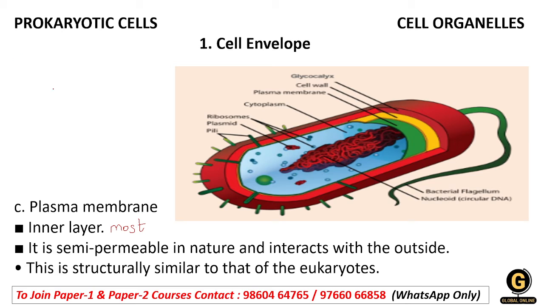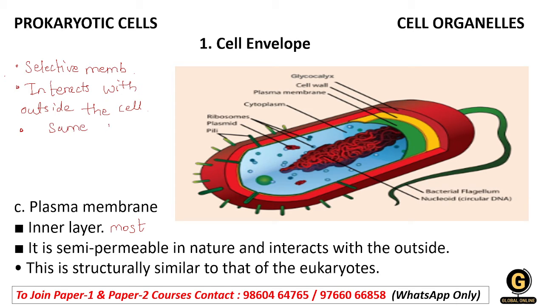How is this membrane, students? It is selectively permeable. Why is it a selective membrane? Because does it allow everyone to come in? No. It lets in only some specific substances inside the cell. So that's why it is called a selective membrane. It interacts with the outside of the cell. It is the same as in eukaryotes.